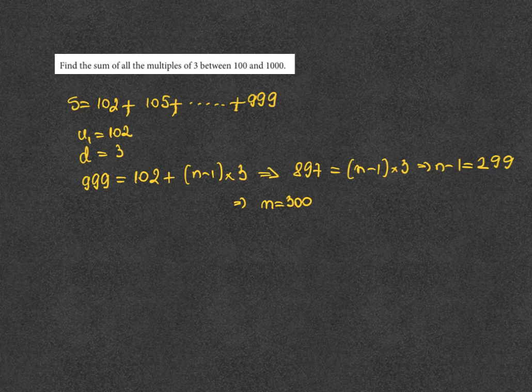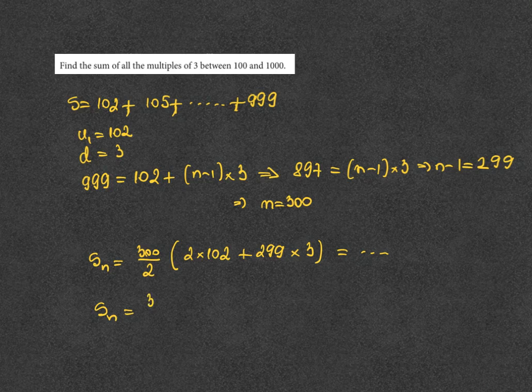So Sn, the sum of the first n terms, will be 300 over 2, and I can use either the first formula, 2 times 102 plus n minus 1 times d, and you can calculate, or you can use n over 2 brackets u1 plus un. Both of them will give you the same answer.